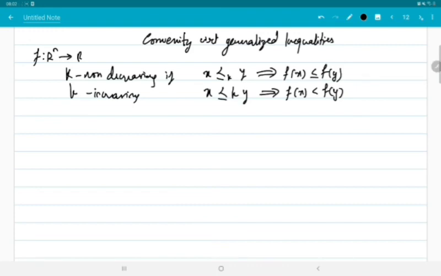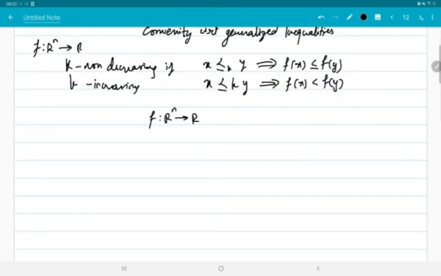For example, suppose I have a function going from the vector space Rn to R, and the ordering is defined such that x is ordered with respect to y if the corresponding elements are ordered.